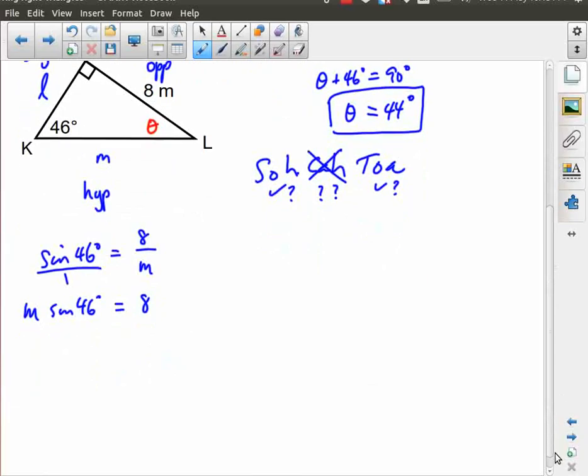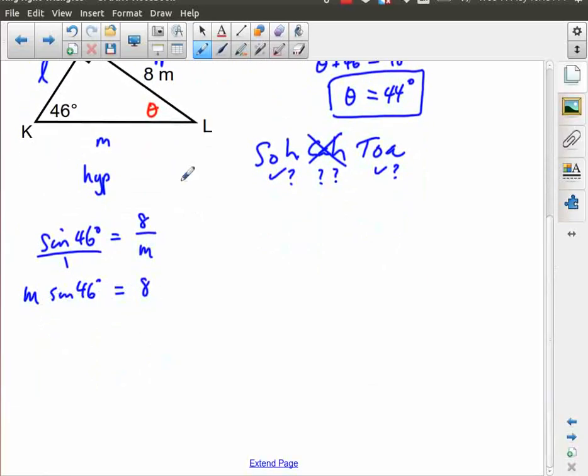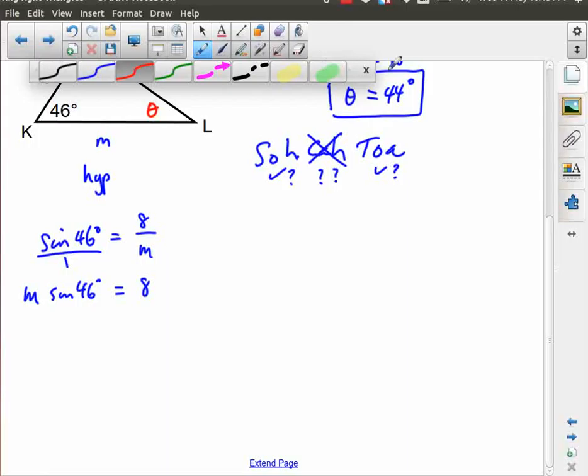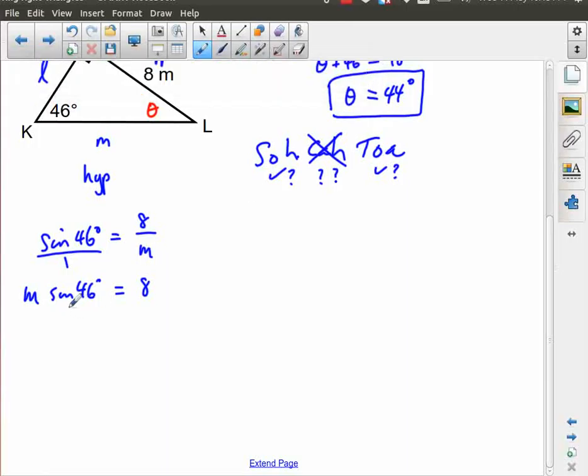Now I have to admit at this point in time, some students can get a little frazzled by this. And there's a couple of concepts to keep in mind here. The first one is that sine 46 degrees all together, don't get intimidated by that. It's just a number. If you put that into your calculator, it's going to be some decimal. So if I want m all by itself, I'm going to divide by this number, whatever it is.